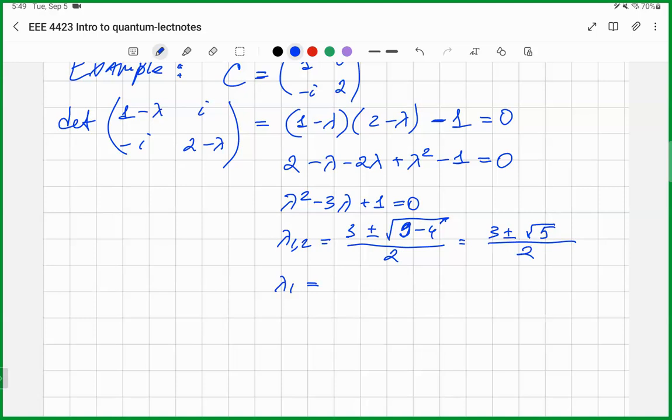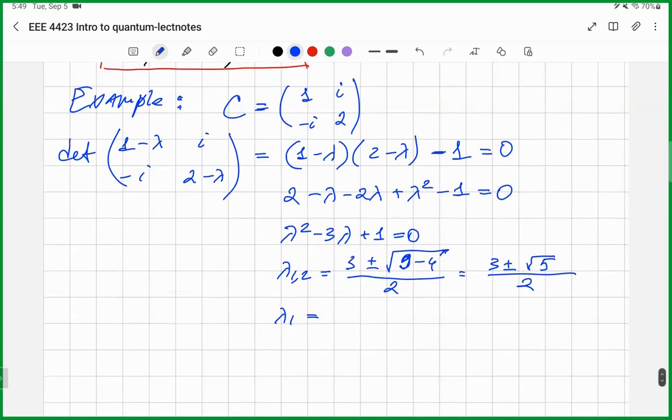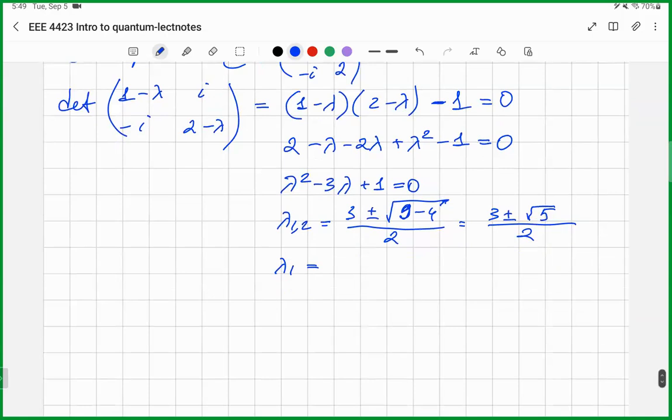I don't like this square root of 5. Anyway, first of all, this lambda 1 and 2, they are real values, right? So by this we confirm the first property.